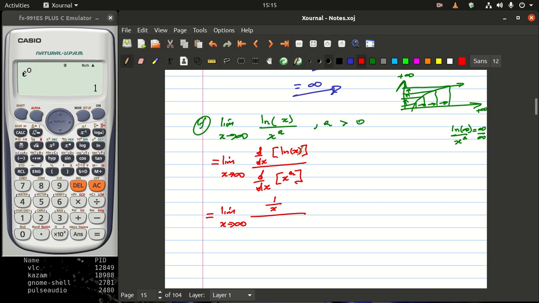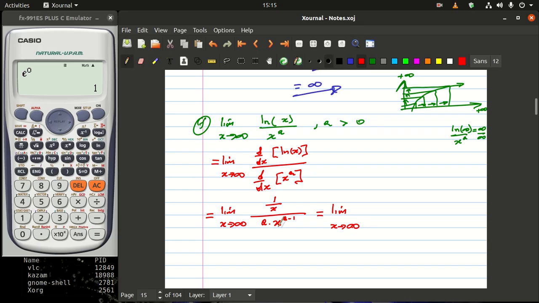That's what we did last time. And then the derivative of this, we know that is going to be the constant a times x raised to a minus 1. That is what is happening using the power rule. So this is going to be the limit as x approaches infinity.